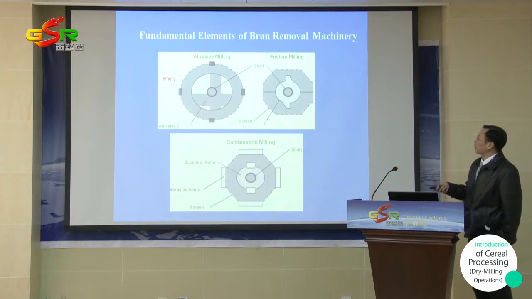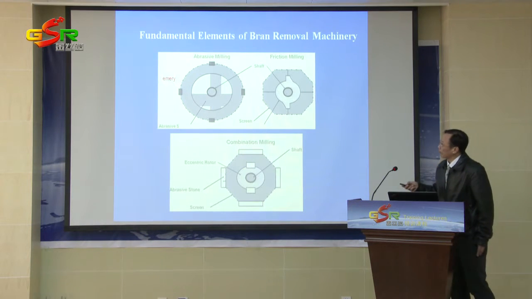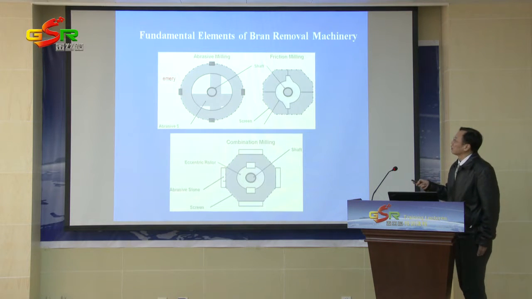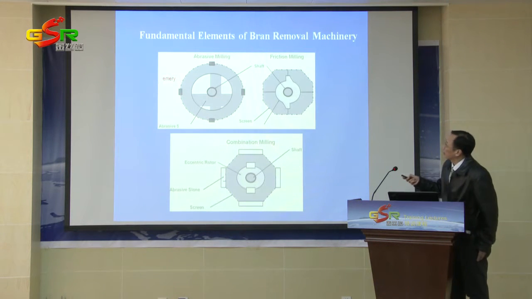And this figure shows the different milling equipment. The first is abrasive milling. Typically, in the milling process of rice, the first milling is abrasive milling. We use emery to cut channels in the surface of the brown rice, and from this we can see the surface of the roller has some grooves.